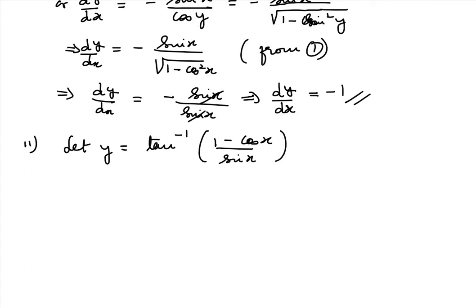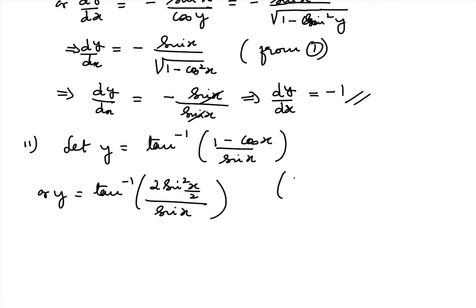So here, before you differentiate, let us simplify this term inside the bracket. So this one can be written as y is equal to tan inverse of, what is 1 minus cos x in terms of sin square x? It is 2 sin square x by 2, divided by sin x. You note down this one, since 1 minus cos x is equal to 2 sin square x by 2.